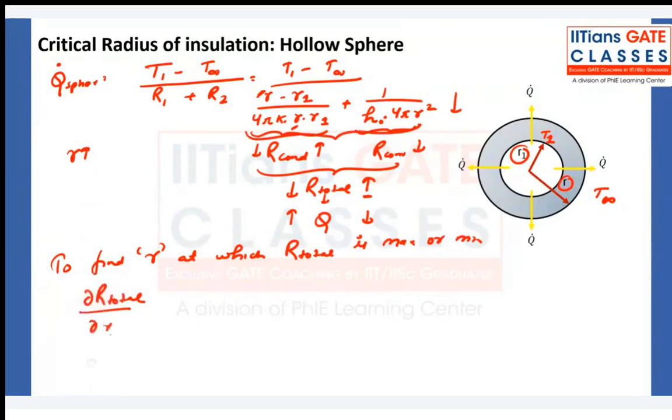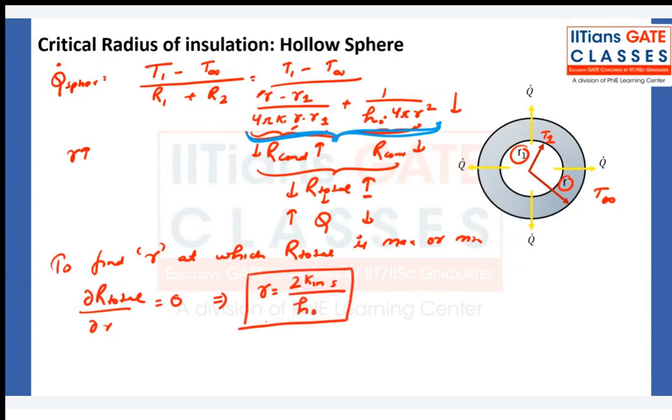So you differentiate it and you put it equal to 0. And when you do this, you will get the value of R as 2K of insulation upon h outside. Now this is the value of R where R total can be maximum or minimum.